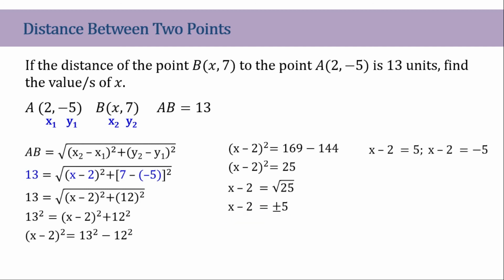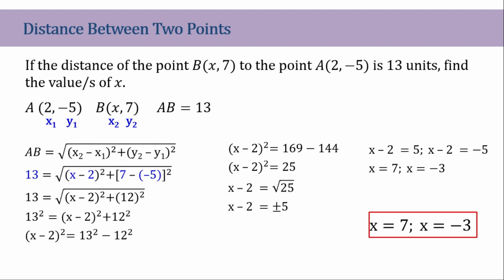So x is equivalent to, let's add 2 here, 5 plus 2 is 7. Negative 5 plus 2 is negative 3. So x is equal to 7 and negative 3. These are the values of our x.